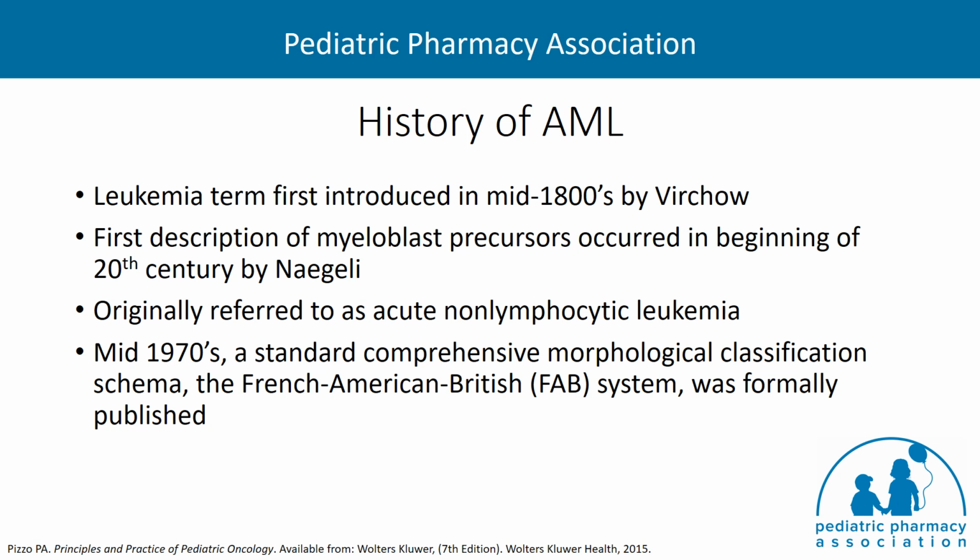Although originally referred to as acute non-lymphocytic leukemia, it wasn't until the mid-1970s that a standard comprehensive morphological classification schema known as the French, American, British, or FAB system was formally published for AML.